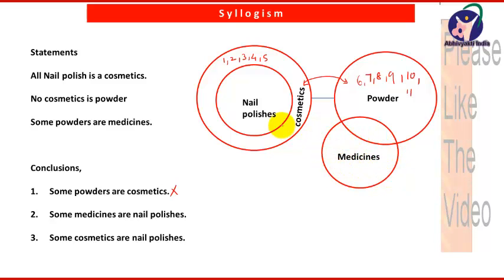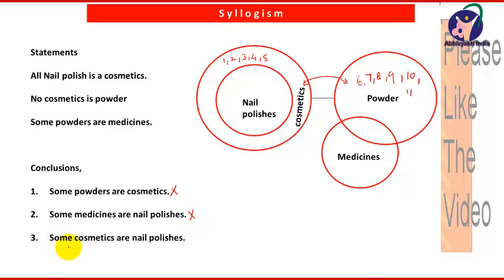This may overlap with these sets or may not overlap with these sets. So there is a confusion, there is probability, there is uncertainty whether it will overlap or not. Possibility is there, and whenever such uncertainty is there, we say that this conclusion is not true.